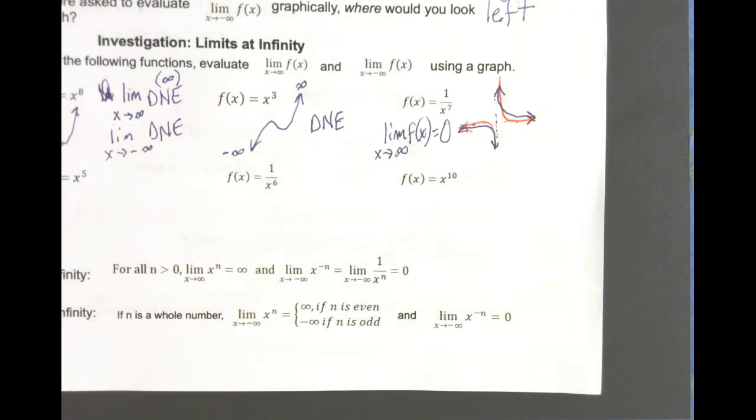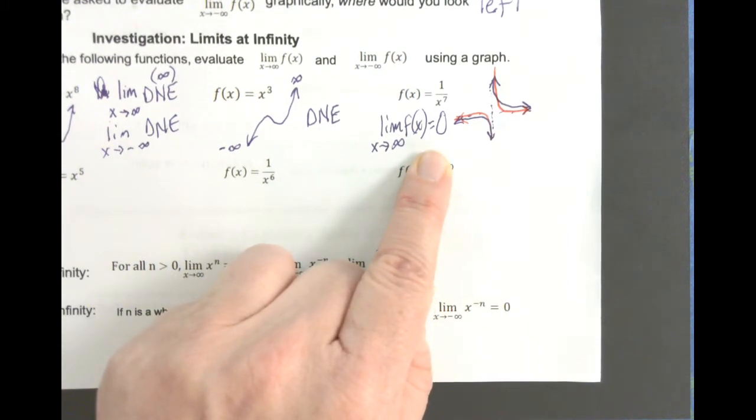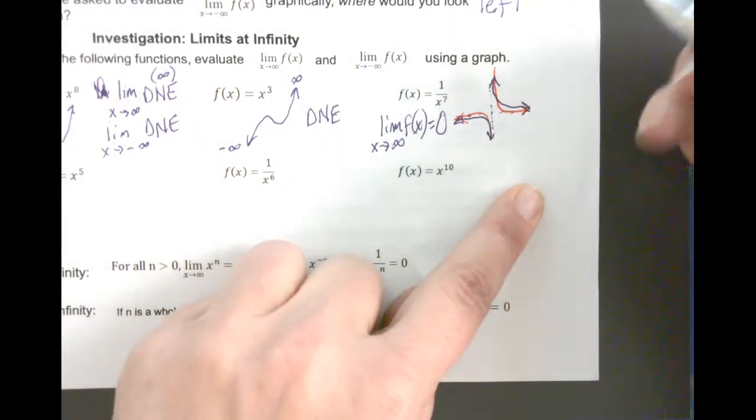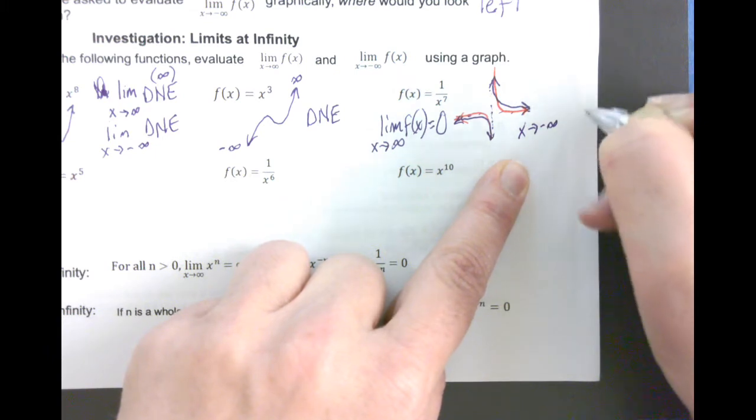It's still not 0. Now, honestly, it's like damn near 0. Like it's as near to 0 as you can get without actually touching it. But that does mean that the limit is equal to 0. And the limit as x approaches negative infinity would also be 0.